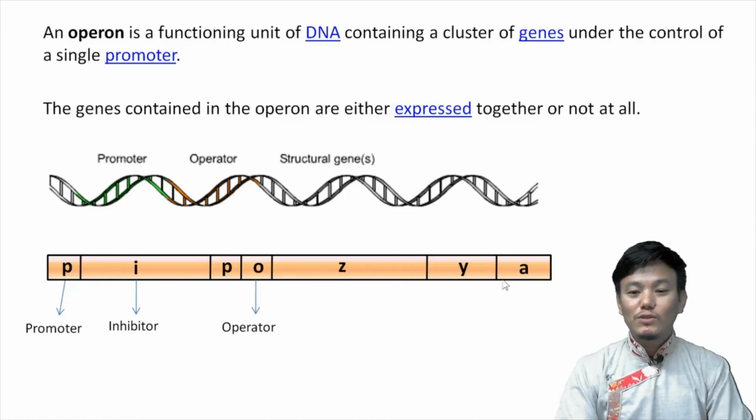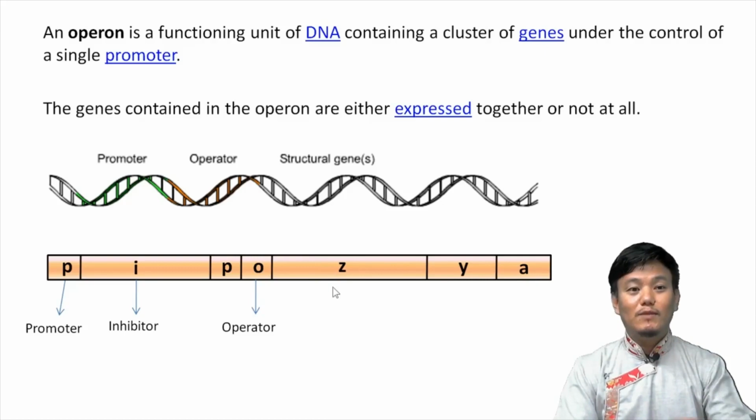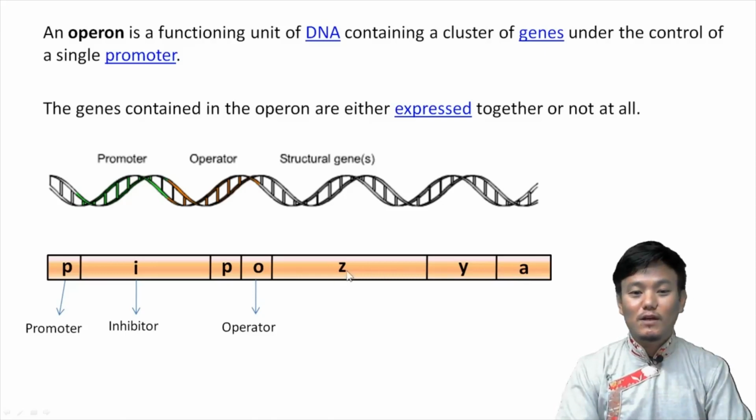And these structural genes code for different enzymes. We know that in prokaryotes, the structural genes are polycistronic. That means they code for more than one protein, right? So here, these structural genes code for 3 different proteins or enzymes.